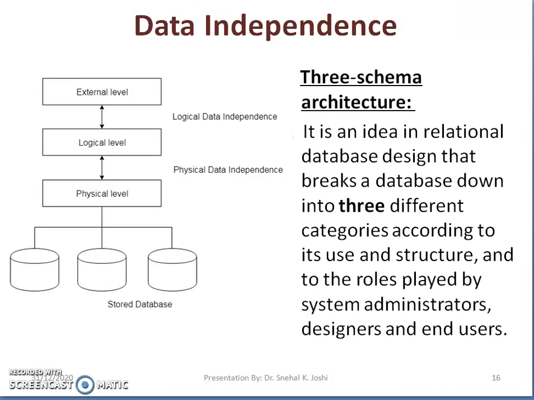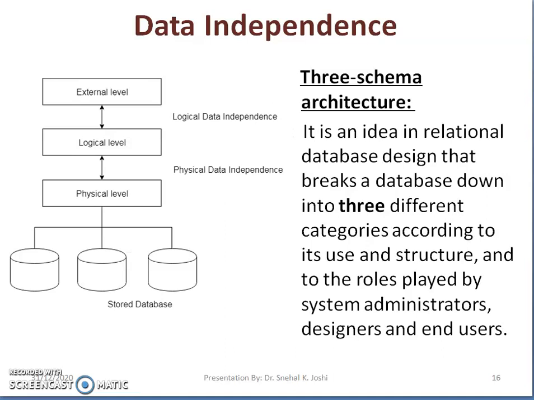Data independence can be explained using this three schema architecture diagram, and it is an idea in relational database design that breaks the database down into three different categories according to its use and structure. First is the external level, logical level, and physical level.